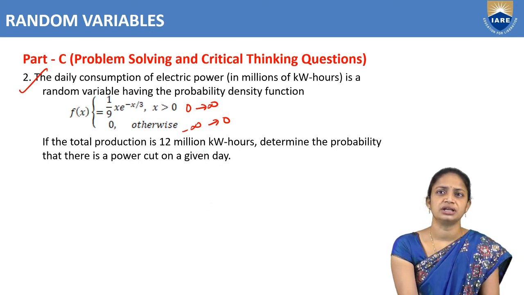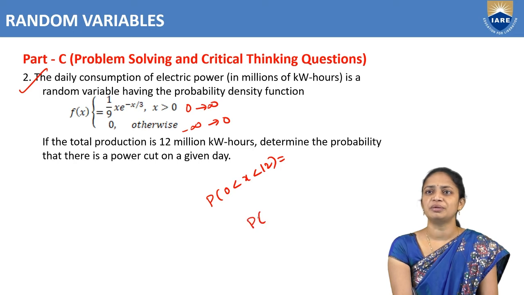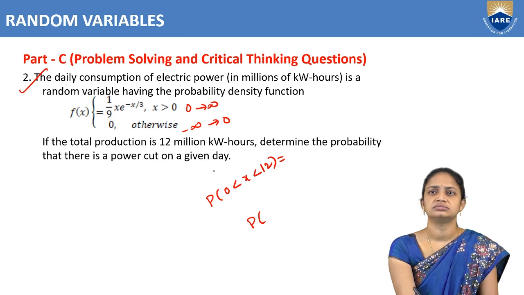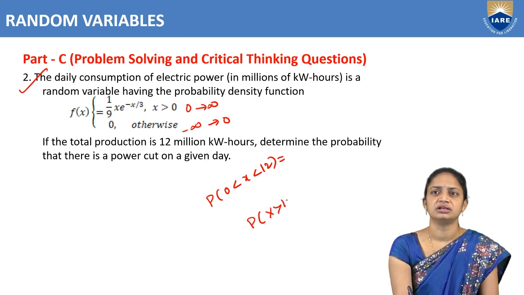Here we need to calculate first probability of 0 less than x less than 12. After that, probability of x greater than or equal to 12 means 1 minus probability of 0 less than x less than 12.